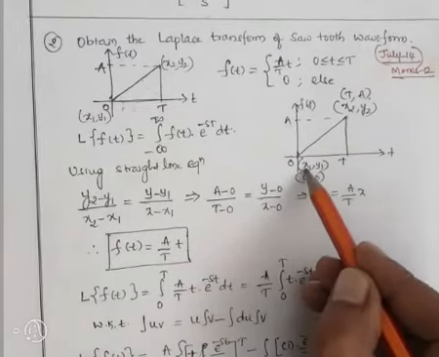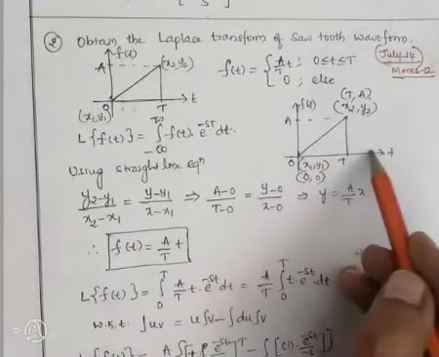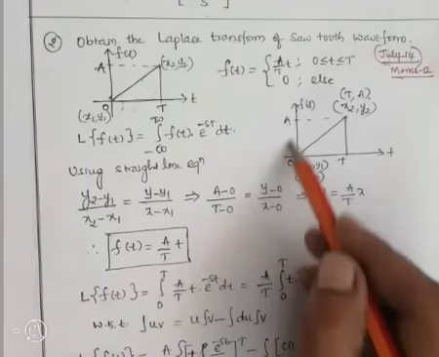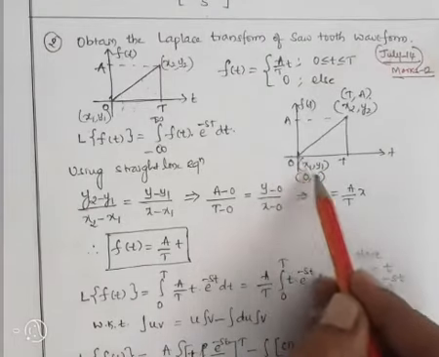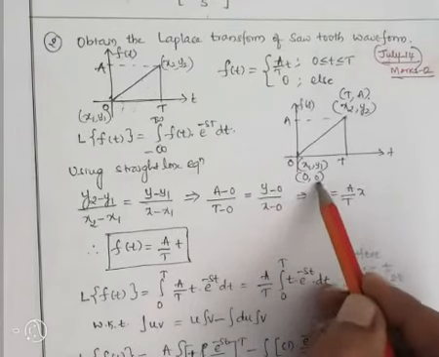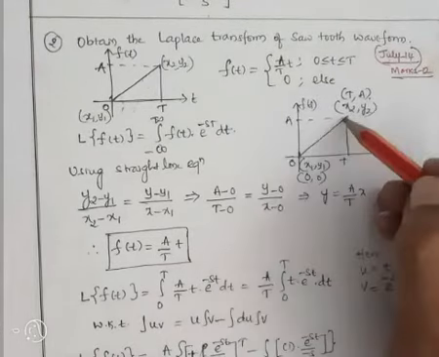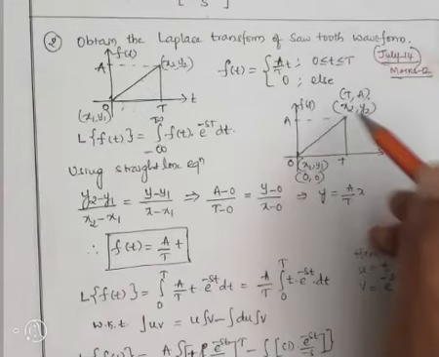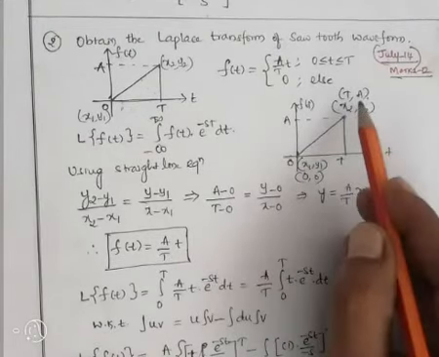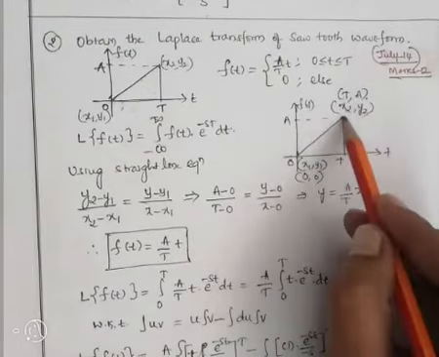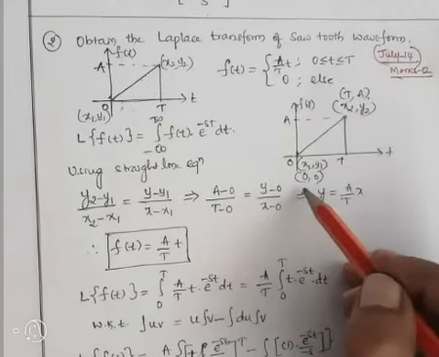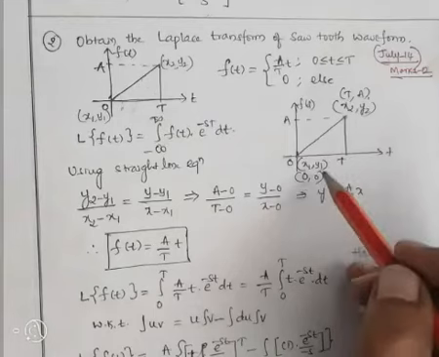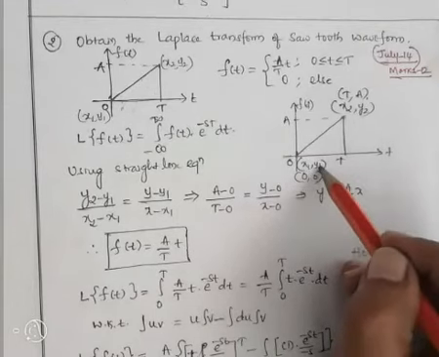X means the horizontal axis and y the vertical axis. The x1 value is 0 and y1 is also 0, so the coordinates are 0 comma 0. Next, coming to this point, what is x2? X2 on the horizontal axis is T, and y2 is A. So I represented the coordinates of these two points as x1, y1 and x2, y2.